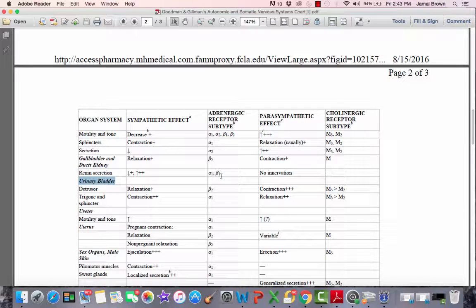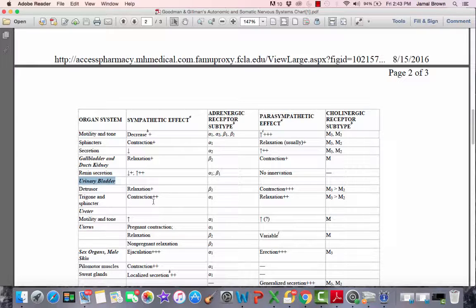So I'm going to have relaxation for an antagonist. Depending on the disease state you're looking at, we're going to have different agents that work. I'm going to use an agent like an alpha blocker, say tamsulosin. What an alpha blocker is going to do is relax my sphincter.